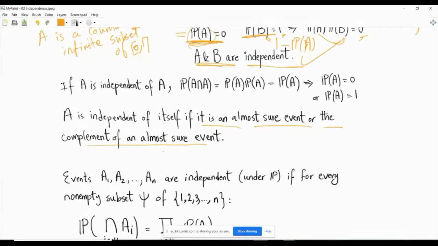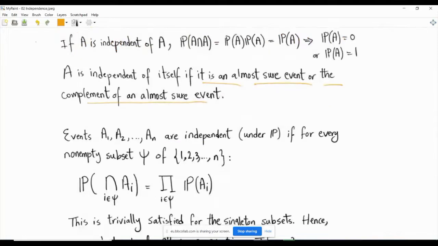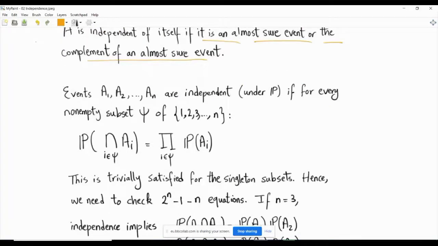Now we can take the concept of independence and generalize it to a bunch of events, more than 2. So n events are said to be independent if, let's see the condition of independence. The definition of independence is just some mathematical expression that you need to verify.